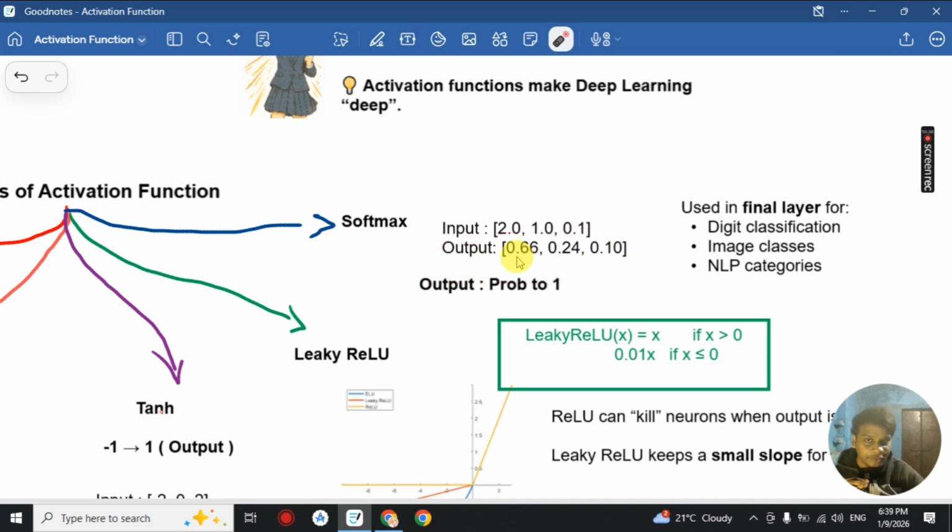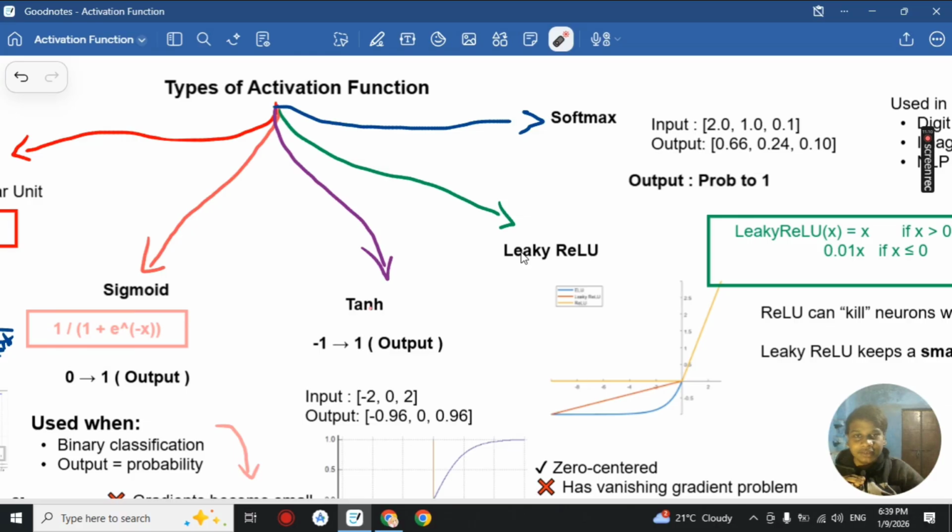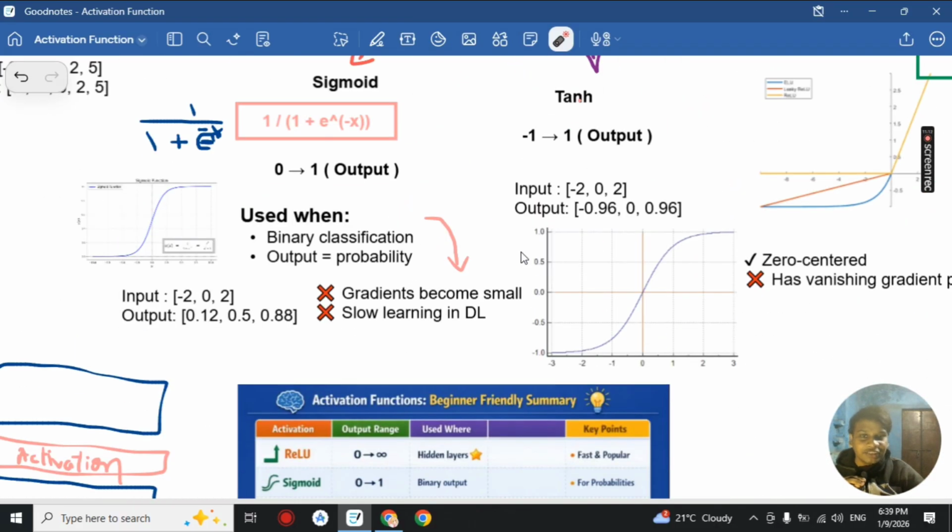If we add 0.66, 0.24 and 0.10, we get a total probability equal to 1. For each value it gives a probability, and the final prediction is based on the max probability. Here the max probability is 0.66, so the final classification we get is 2.0. So this is all about the 5 types of activation function.